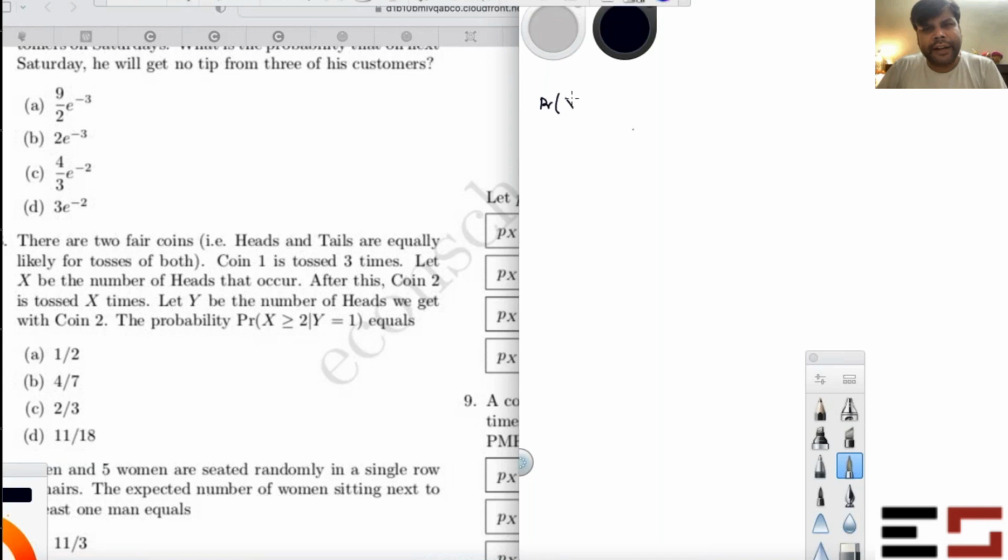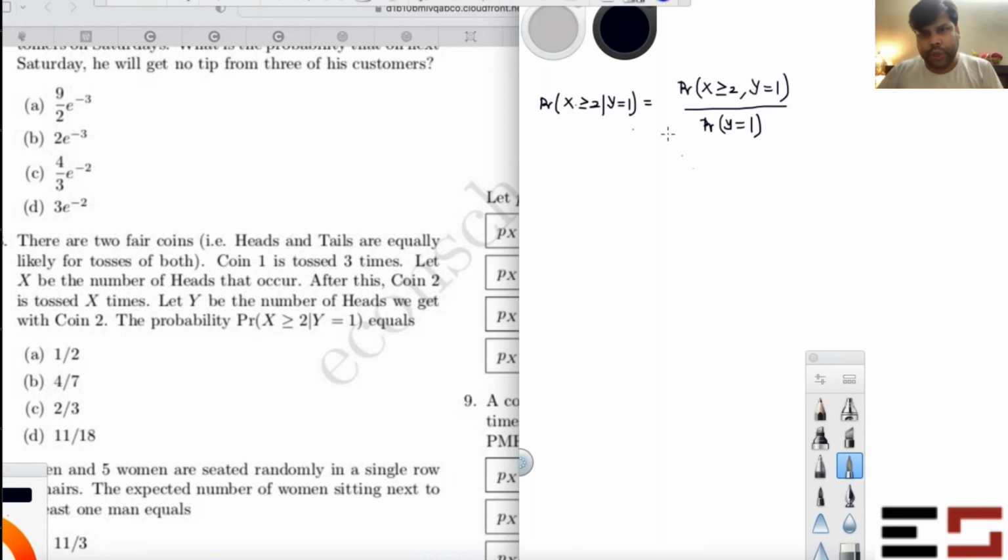So probability that x is greater than or equal to 2, given that y equals 1, is, okay, this is a formula for conditional probability. Right?